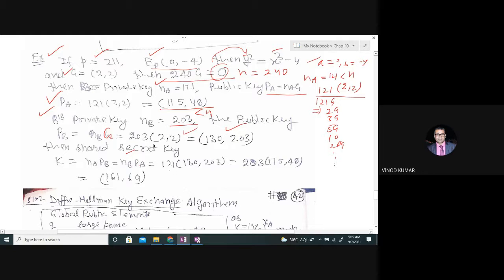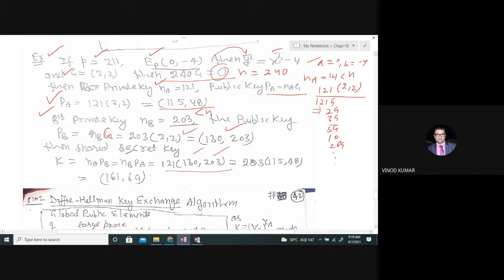So this is 121 into PB, and nB into PA is 203 into PA. This is the same value.